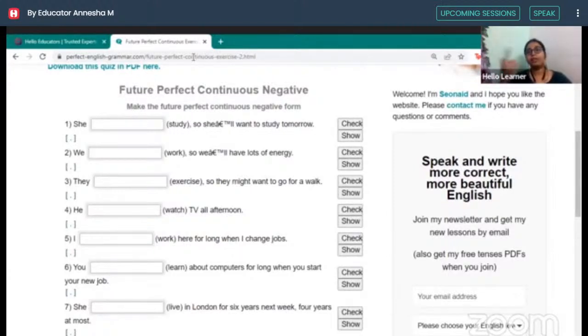So you are not able to predict when they will get it. If you are not able to predict that, then it's very difficult to use this, right? Understood, Annie? Yes, ma'am. It should be something that you can predict. You can say by the time you become a teacher, you will have been studying English for 10 years. Okay, understood. This is something that I can predict.